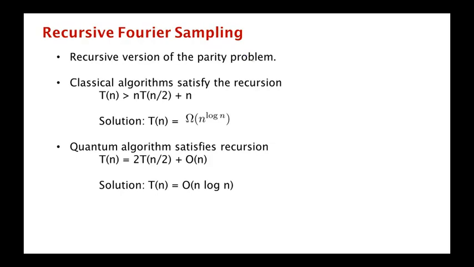And so in the recursive version of the problem, classical algorithms satisfy the recursion that time to solve a problem of size n is at least n times the time to solve a problem of size n over 2 plus order n, where this n is the number of queries required to solve the parity problem. If you solve this recursion, you get T of n grows at least like n to the log n. So this is super polynomial.